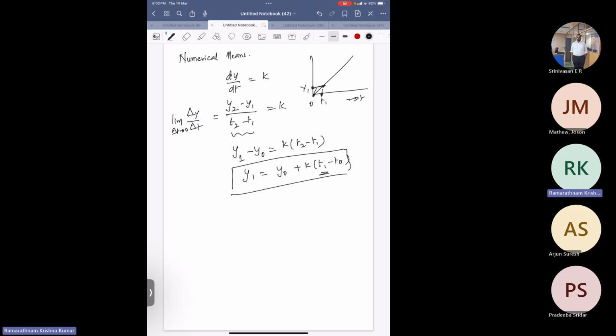The slope of the line is k, which is what is given. Now from here I will take t2, so that I get y2. How do I write y2? Y1 plus k into t2 minus t1. That's it. Because I know t1 and y1, y2 is known.